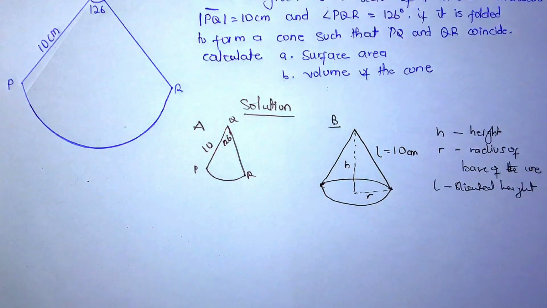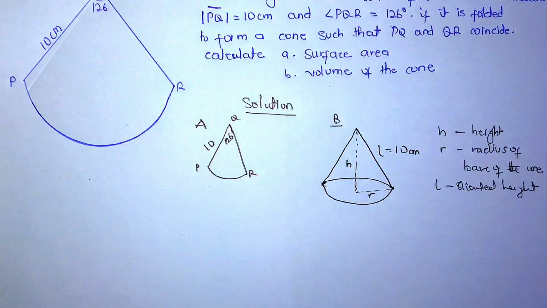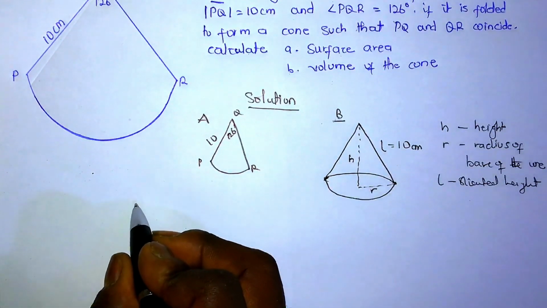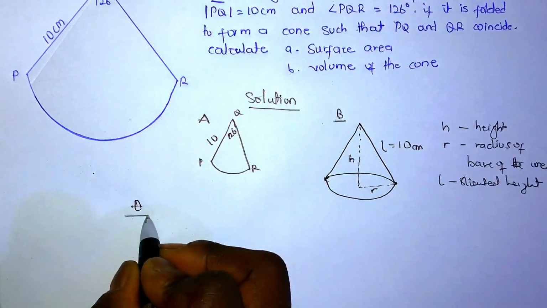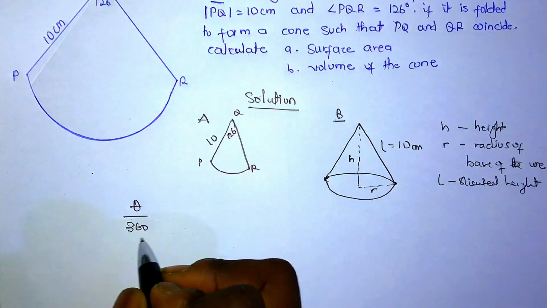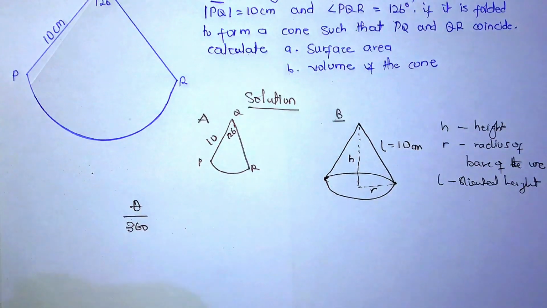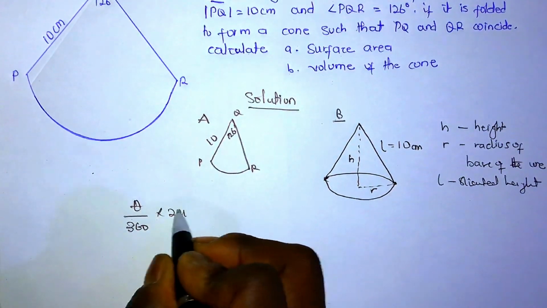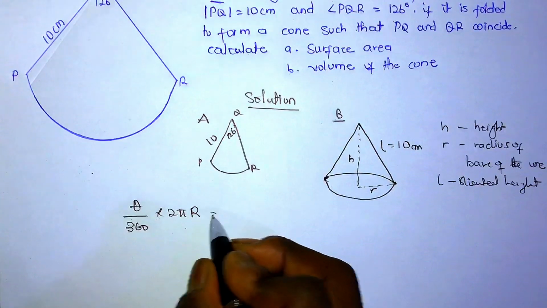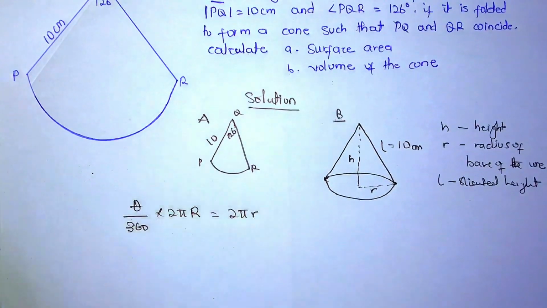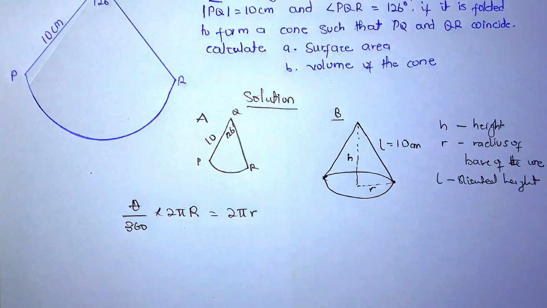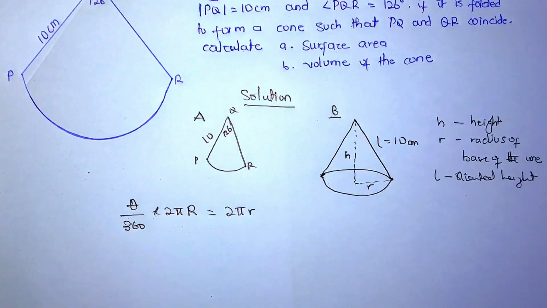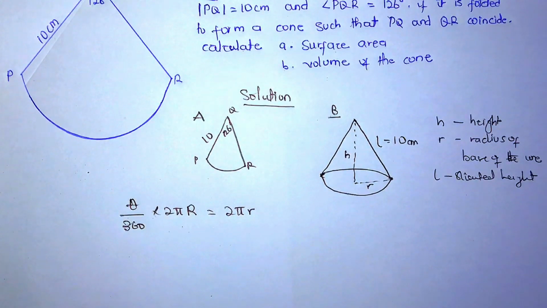Now the arc of the sector should be the same as the circumference of the base. So to solve this, we can say that theta over 360 times 2 pi R is equal to 2 pi with a small r, where the capital R is giving us 10 centimeters.